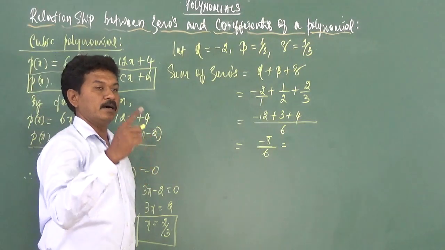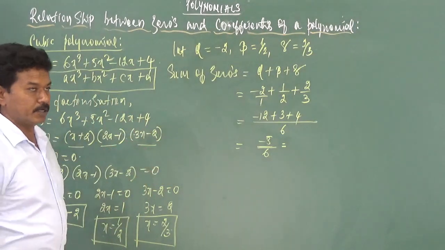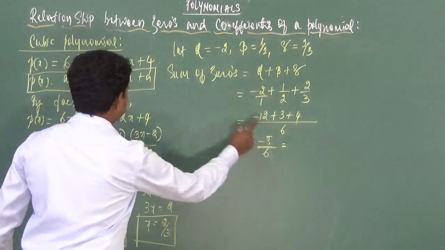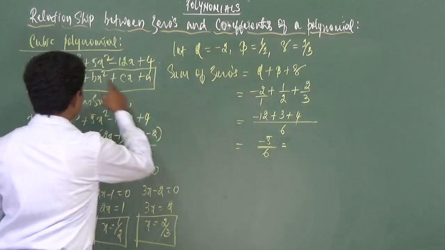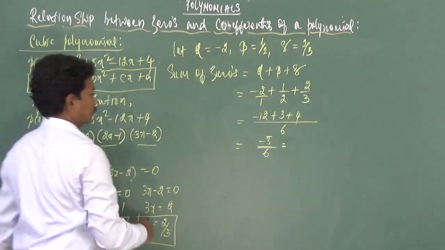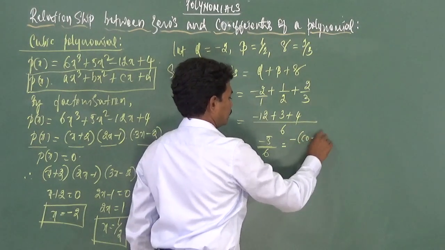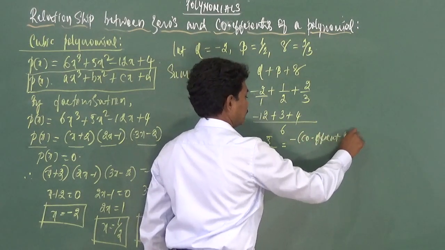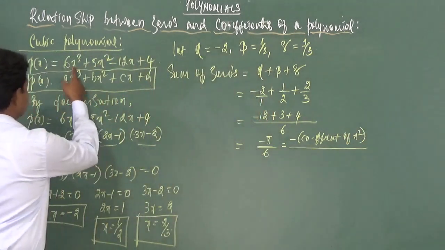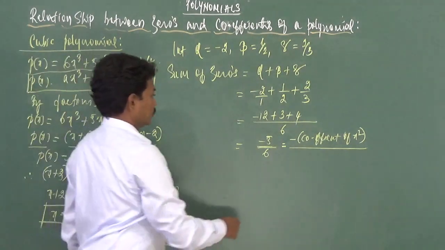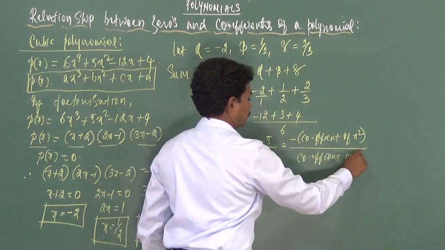So let us compare how this sum of the zeros is related with the coefficients of the polynomial. So minus 5 we have got, let us look at the x square. As we have 5 here but it has a plus sign, therefore we will take minus coefficient of x square by, we have 6 here, so 6 is the coefficient of x cube.